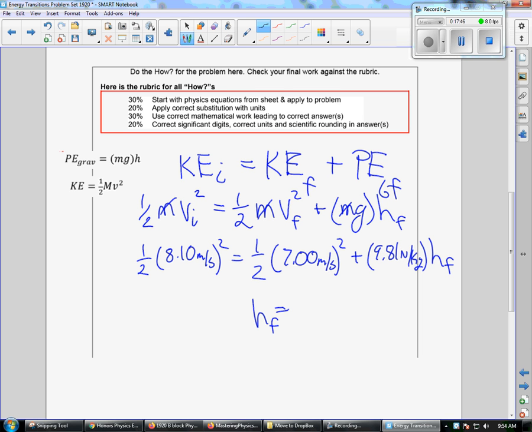And let's see, meters, seconds, kilograms, newtons. Oh, I'm going to end up with meters. That's good. And I got 0.846 meters. Let's see if I got it right.